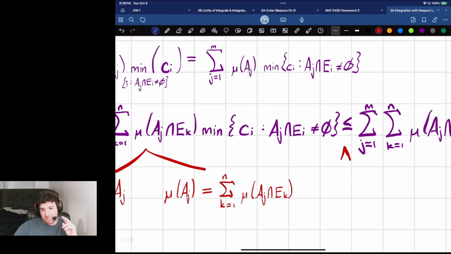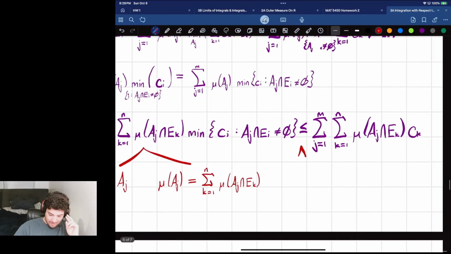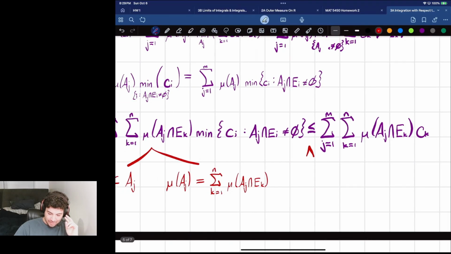All of the individual elements of the set are at least as big as the sup. Okay, but I understand exactly what you're saying. So even though we're indexing on ck, if the intersection is the empty set, then that goes to 0. But if it's not empty, then ck can be the minimum, but it can be something that's bigger.